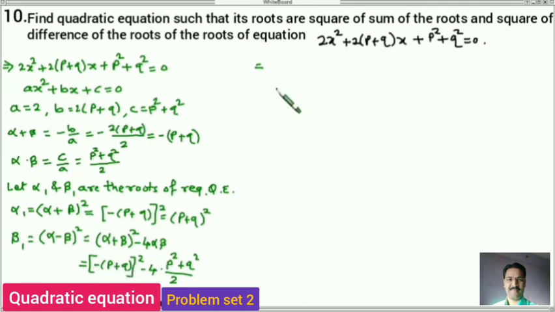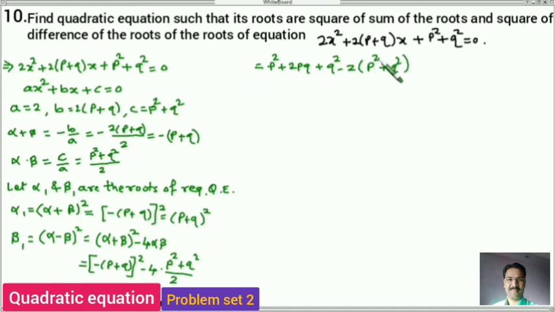We know that expansion: P square plus 2PQ plus Q square. Now by cancellation here we'll get only 2, but that is minus 2. In the next bracket we'll write P square plus Q square.